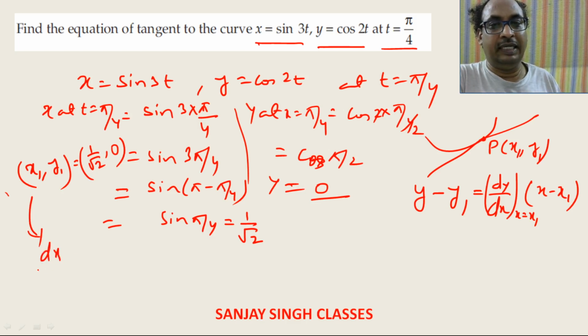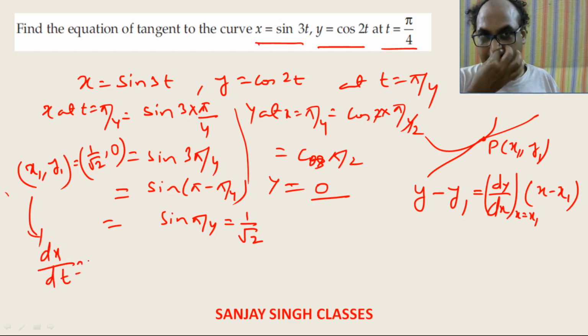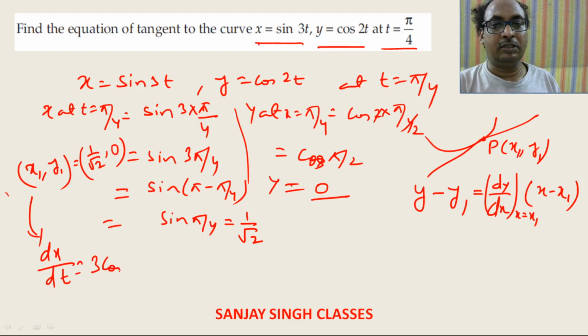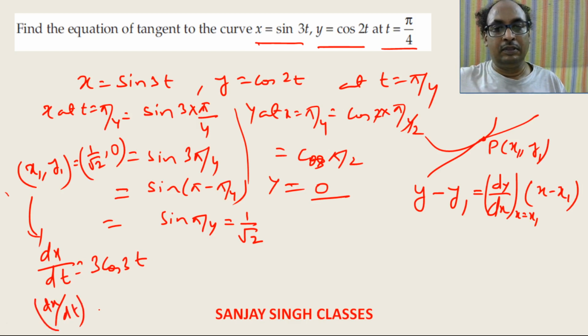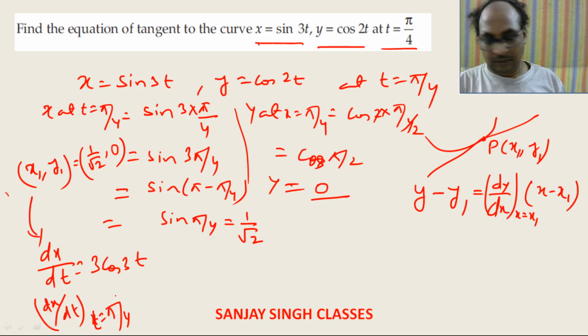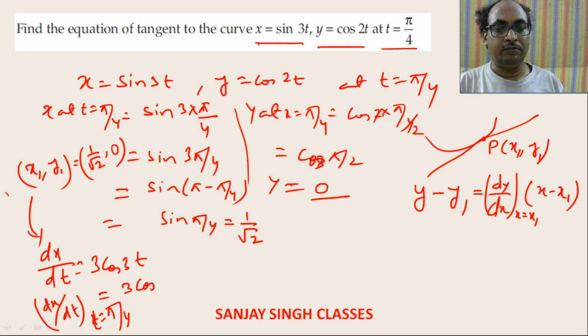So dx by dt we have got 3 cos 3t. We need to find dx by dt at t equal to pi by 4. So 3 cos 3t becomes 3 cos 3 pi by 4.